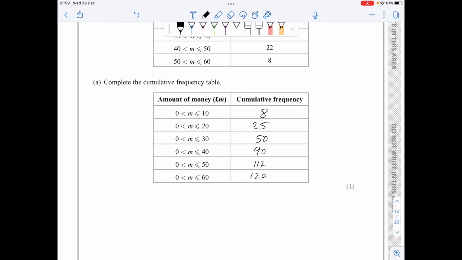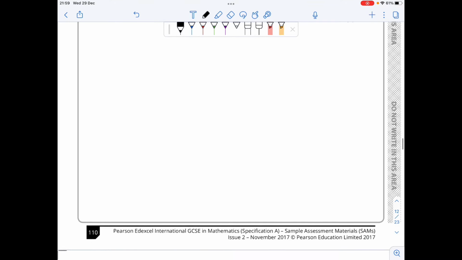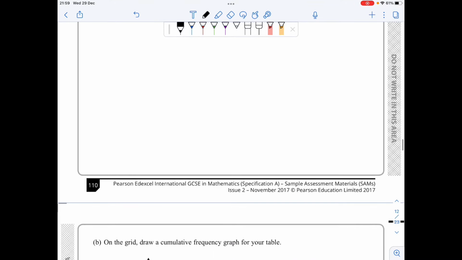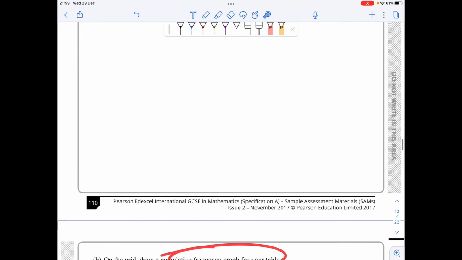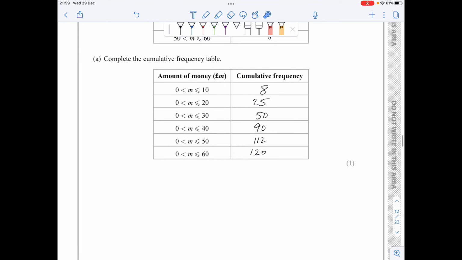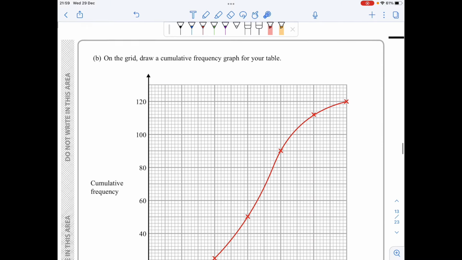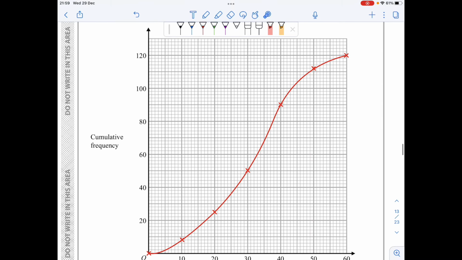Now, when I plot these points on the next page to create the cumulative frequency graph, I will plot the upper bounds as the x-coordinate and the cumulative frequency as the y-coordinate. Remember, everything has to start with 0. So that is how my graph will look.